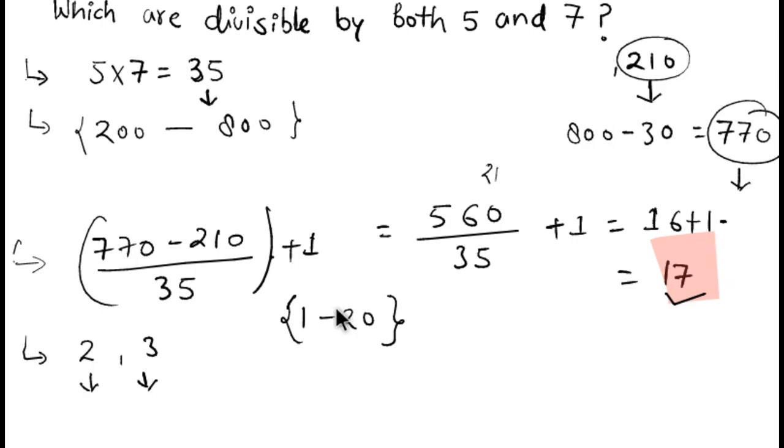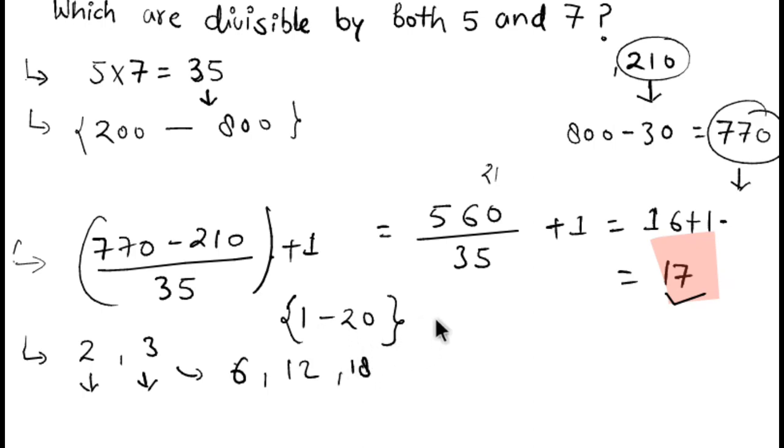Find how many numbers between 1 and 20 are divisible by both 2 and 3, and check. You can easily count them. I multiply 2 and 3 to take the LCM, which is 6. So 6 is the minimum number which is divisible by 2 and 3. The multiples of 6 between 1 and 20 are 6, 12, and 18. So three numbers are divisible by both 2 and 3 between 1 and 20.